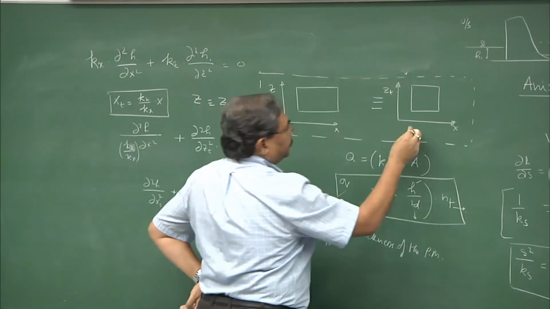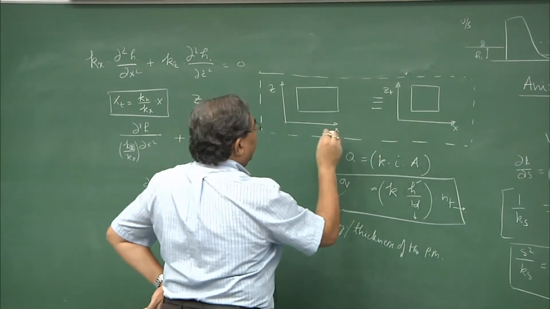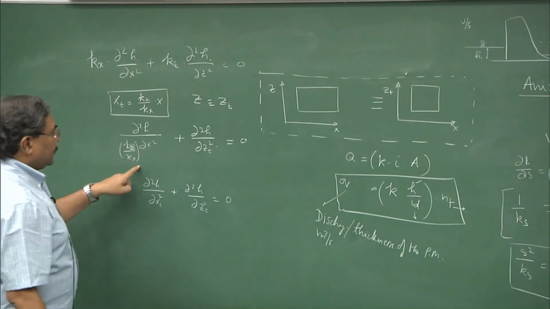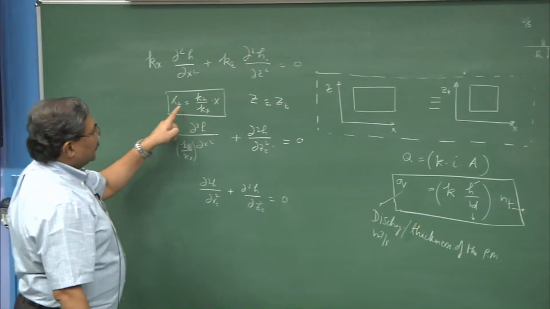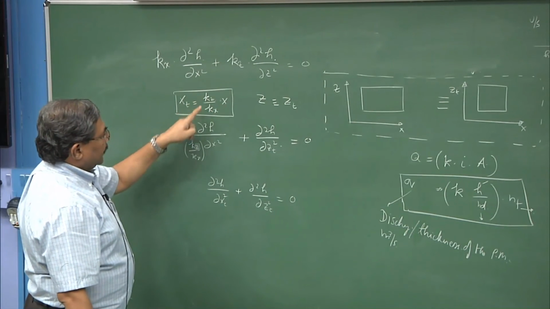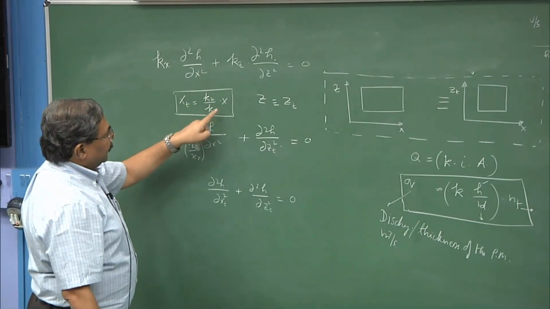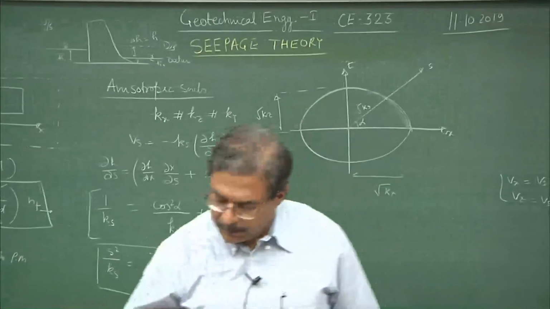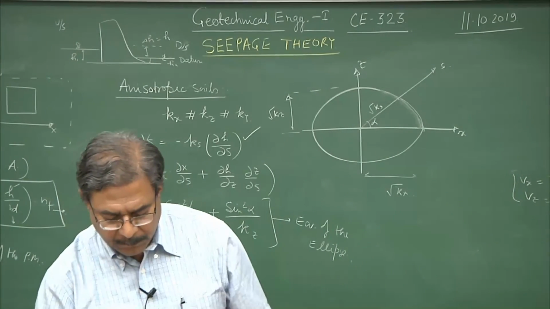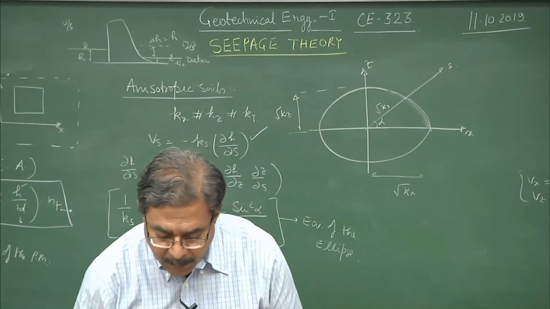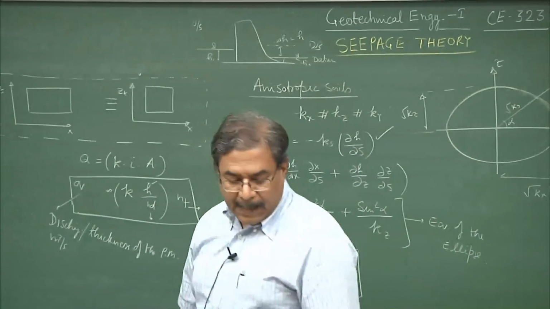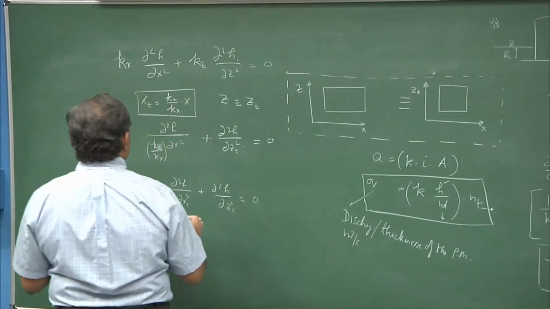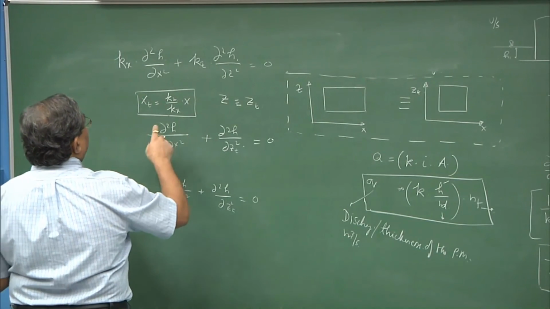Here, see what we have done. Here we have manipulated the permeability coefficient. So, k z upon k x is treated as del x t upon del x equal to k z upon k x. So, this is the anisotropic coefficient. I can also write x t upon, so there is a mistake I have done.